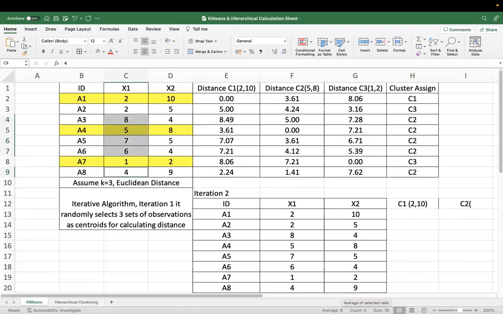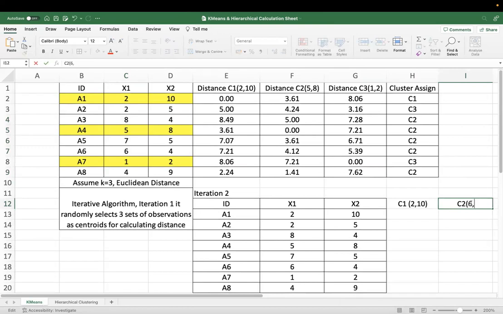The average of these is 6. Similarly for the other set, 1, 2, 3, 4 and then this one, the average is again 6. So the new centroid for C2 will be 6, 6.